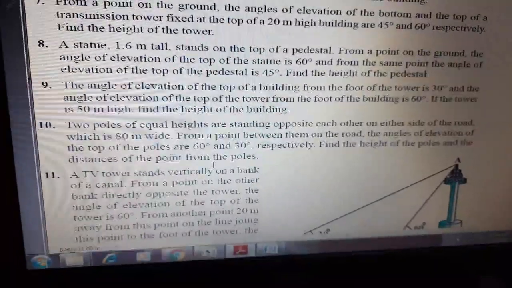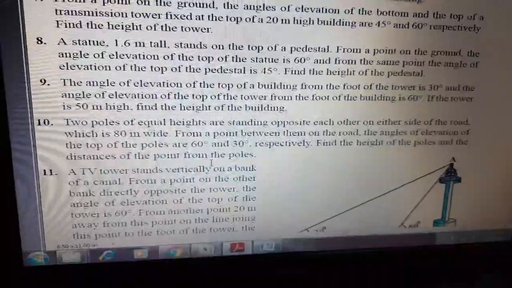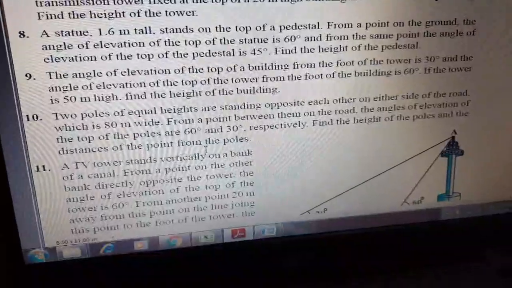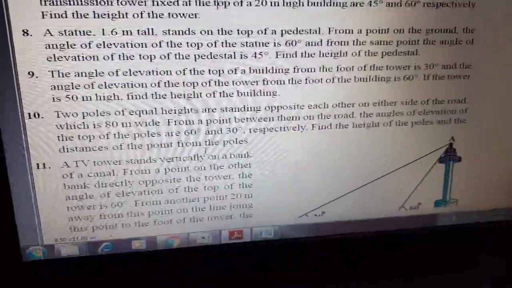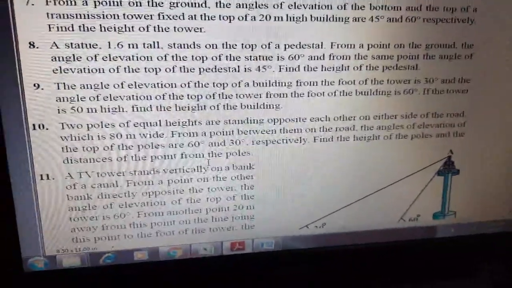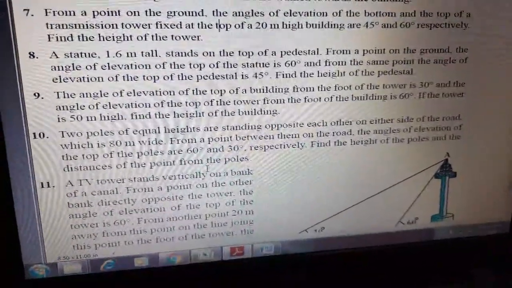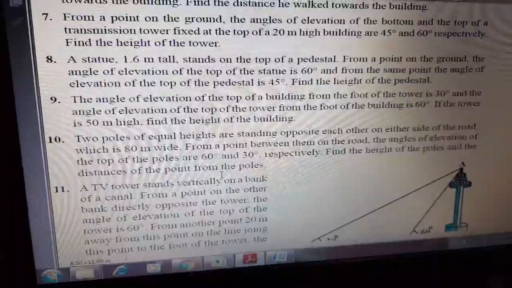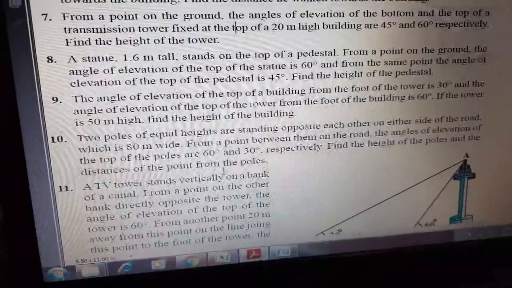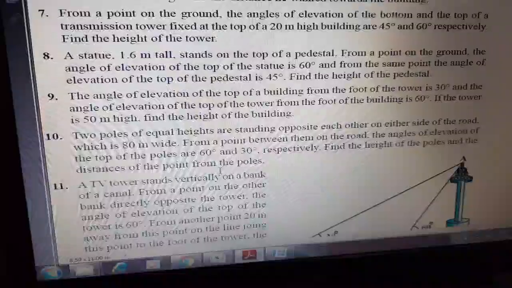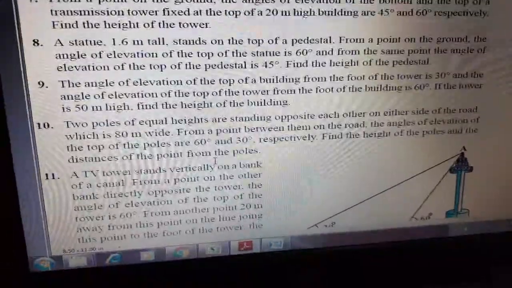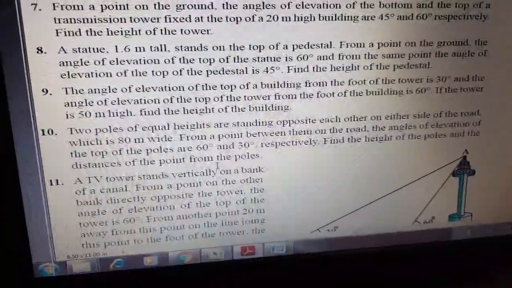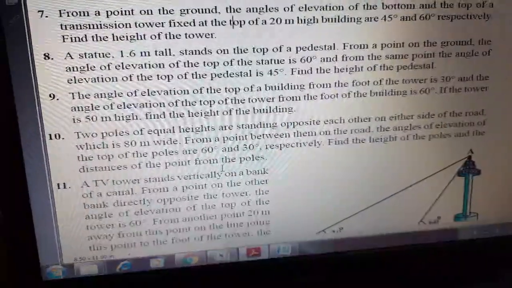Now which pole's angle of elevation will be 60 degree and which 30 degree? As I told you, as the distance between the object and the point increases, the angle of elevation will decrease. If the point is near to the object, the angle of elevation will be large.